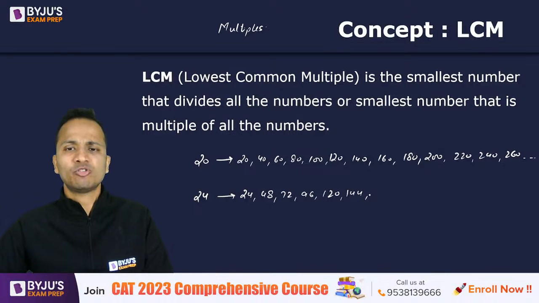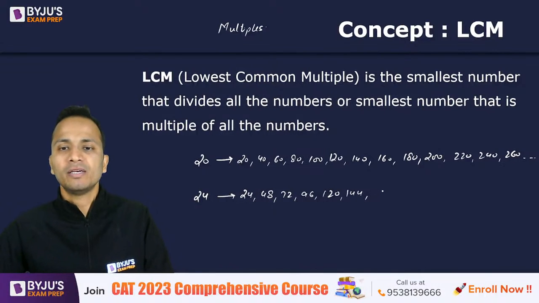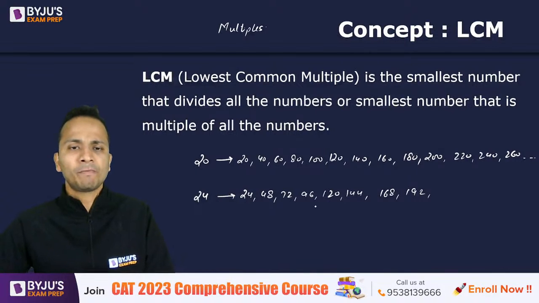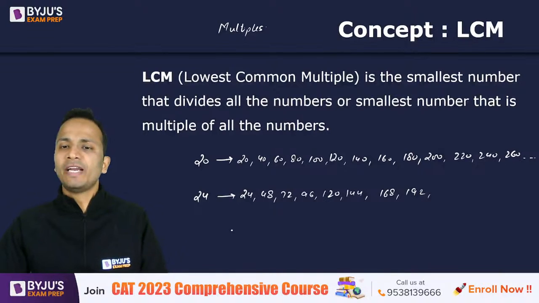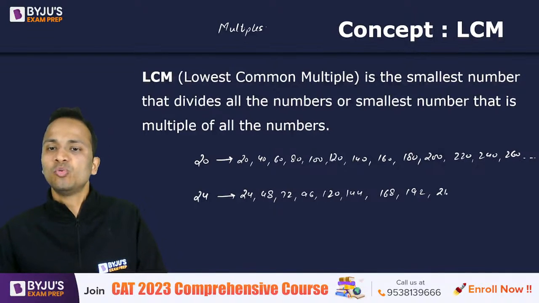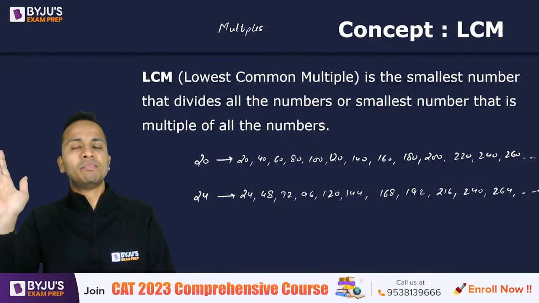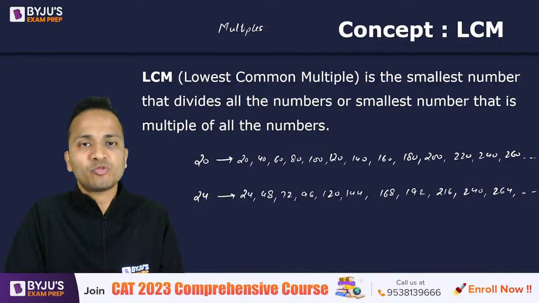Okay, let me write some more multiples of 24. After 144, 168, 192, okay, I think that's enough till 192. Let me write one or two more: 216, 240, 264, and so on. So these are some of the multiples of 24.